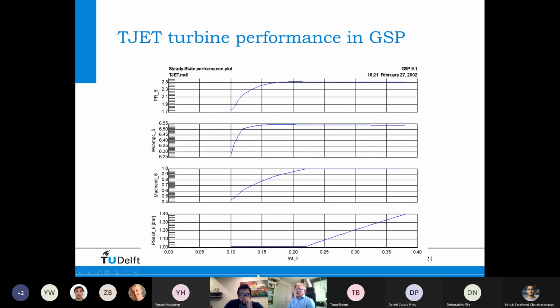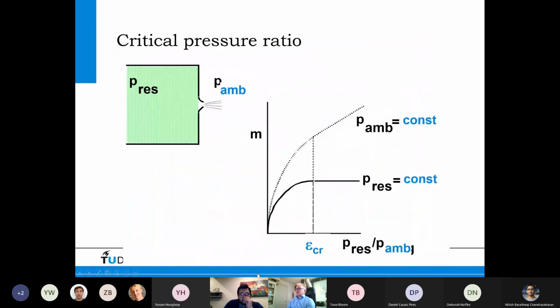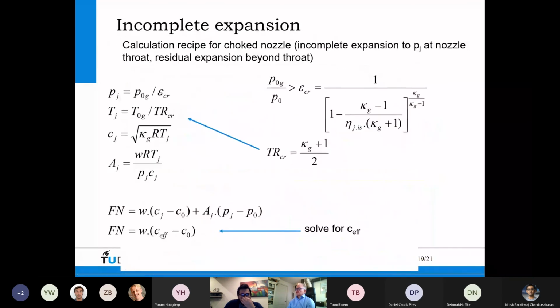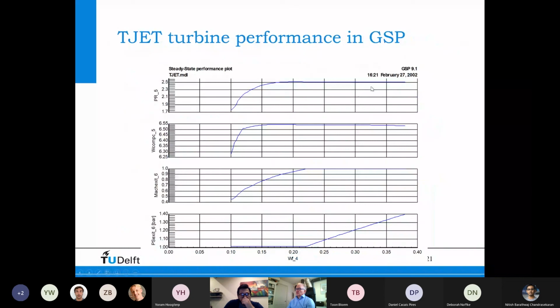We've seen that in this slide. This one is constant, but this is also the exit corrected mass flow of the turbine. And if the exit corrected mass flow of the turbine is constant, then the operating point is constant, and also the inlet corrected mass flow is constant. So it's a very convenient coincidence, but it's only for manual calculations.